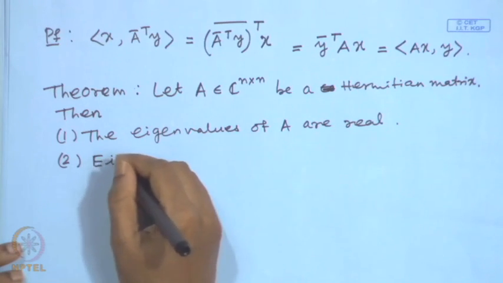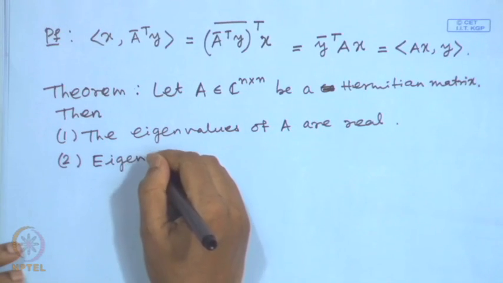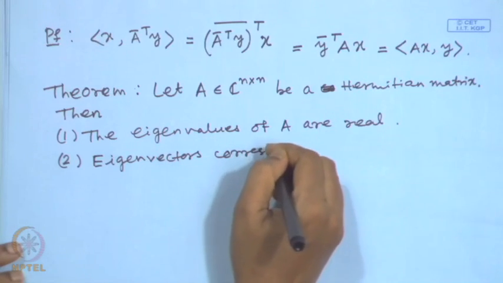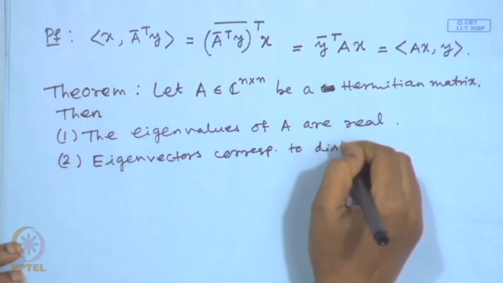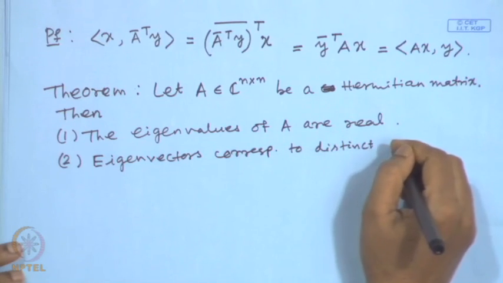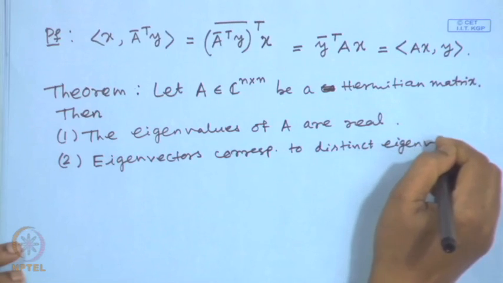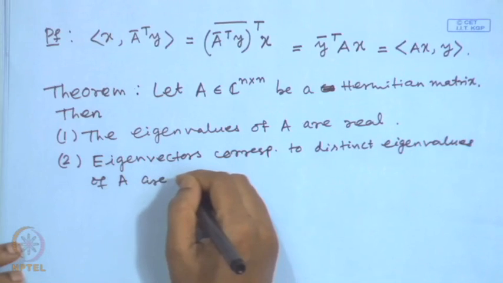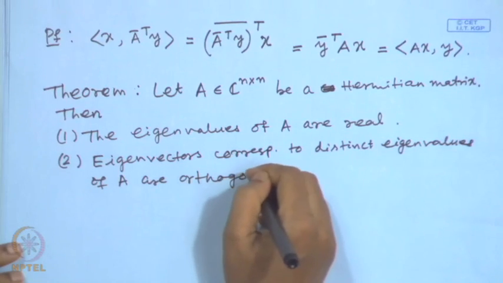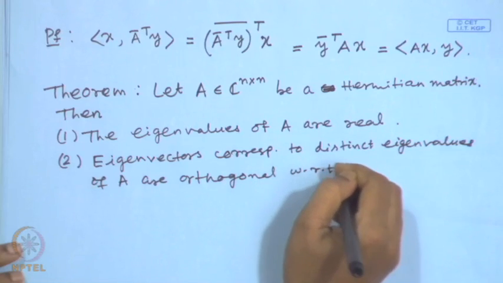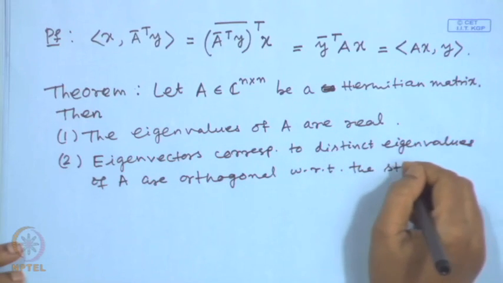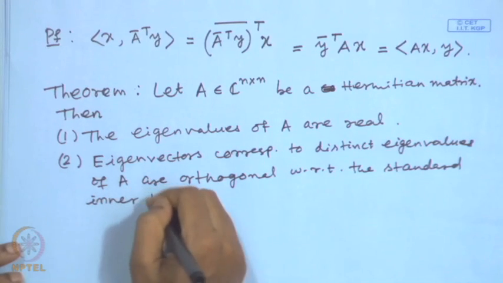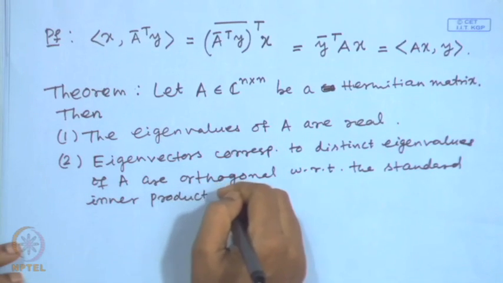So, this second property is this: eigenvectors corresponding to distinct eigenvalues of A are orthogonal with respect to the standard inner product of Cn.